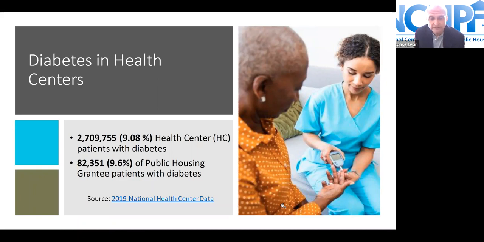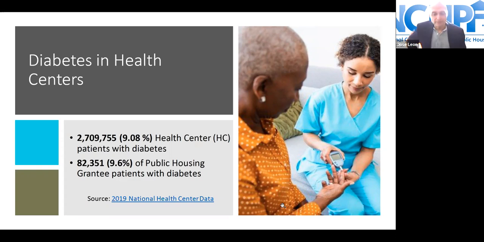And very important to say is that even though health centers are not required to report diabetes by age group, there are some reports specifically from the American Diabetes Association mentioning that 1/3 of those over the age of 65 have diabetes, and half of them do not know that they have diabetes. And there is another 1/3 of those age 65 and older who also have prediabetes. So we need to keep that in mind.